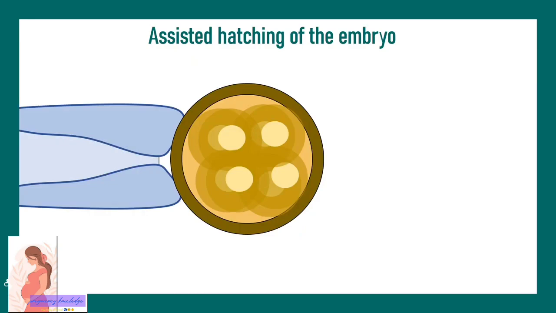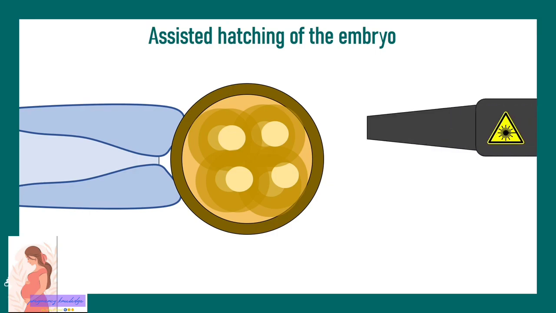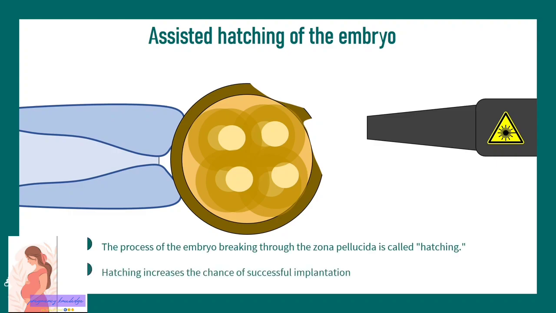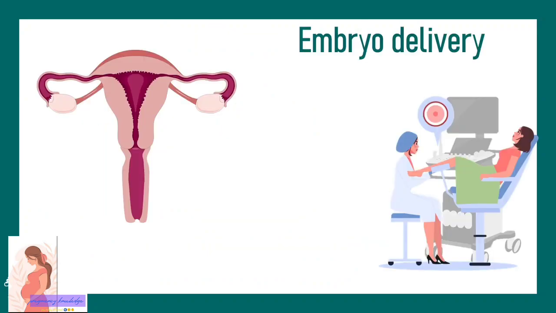It's important to note that before the embryo can be transferred back to the uterus of the woman, the external membrane, the zona pellucida, has to be hatched. This is known as assisted hatching: a laser light hatches the external zona pellucida so that implantation would be better. Hatching increases the chance of a successful implantation.